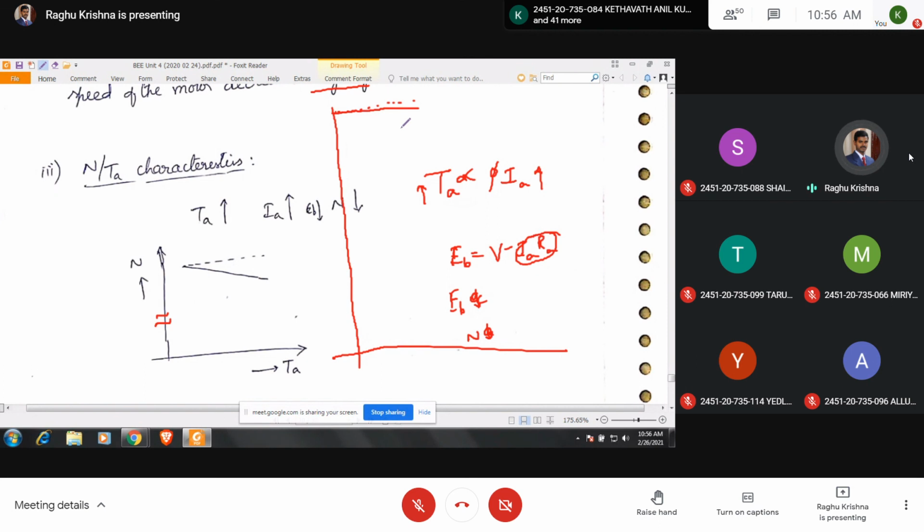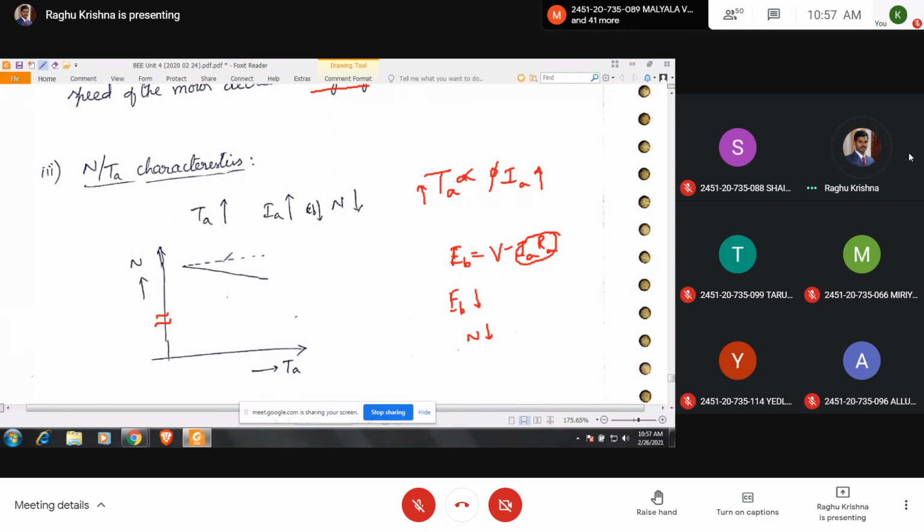Like this curve you are going to get. For the sake of simplicity in explaining, I have drawn it like this. So the speed will be almost constant even if the torque requirement is increased.